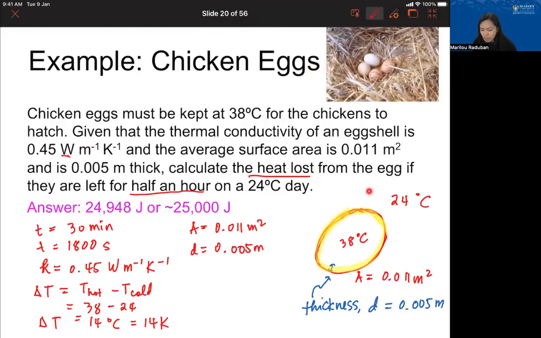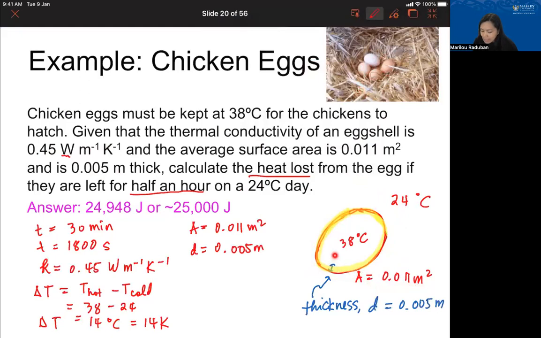Because we'll assume the picture shows that the egg's on the ground, but we'll sort of assume that the egg is suspended in the air, so that heat is transferred all around the egg throughout its surface area, 0.011 meters squared.